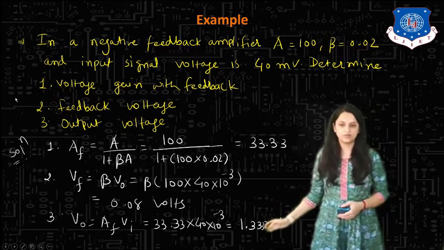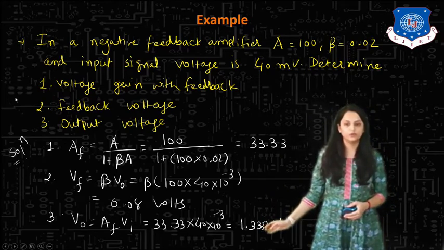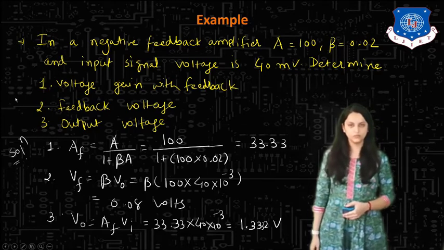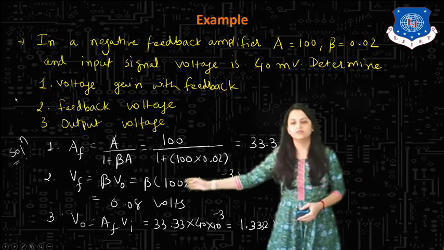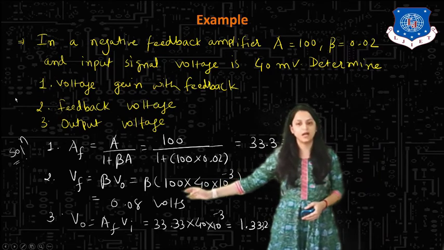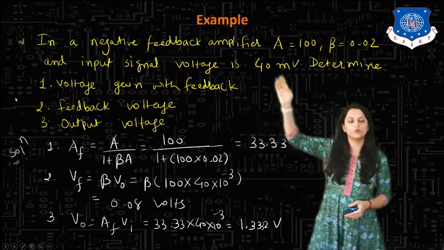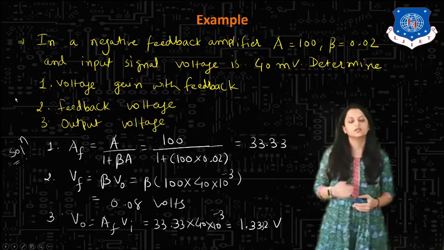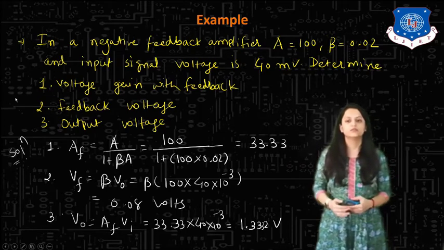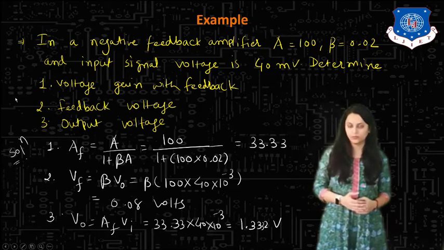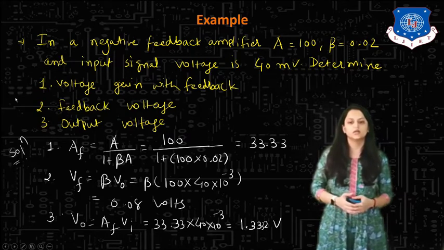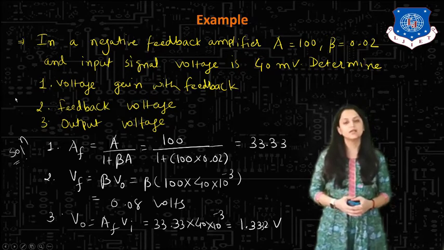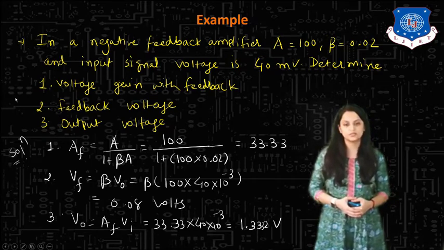We place this and get the output voltage 1.33 volts. Here the mistake is that beta Vo is not there, Vi is there. That's why we have taken the input signal voltage 40 millivolts. So the first answer is 33.33, the feedback voltage is 0.08 volts, and the output voltage is 1.332 volts. We just have to place the values in the formulas given to us.